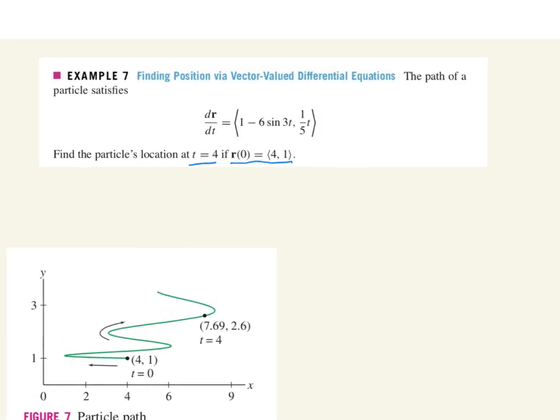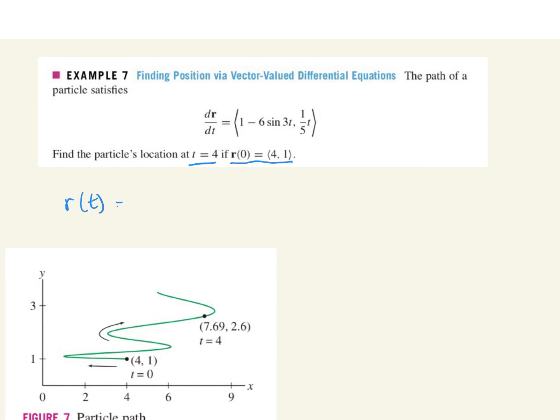All right, so that means we could make a statement that r of t, bolded r, would be equal to the indefinite integral of 1 minus 6 sine 3t, comma, 1/5 t dt. We integrate both components separately. You don't have to write it as another step, just do it.